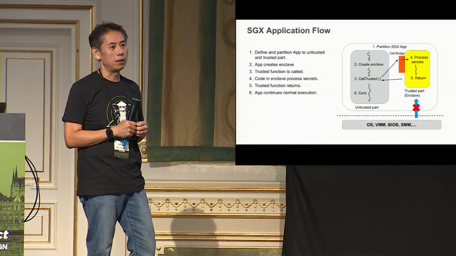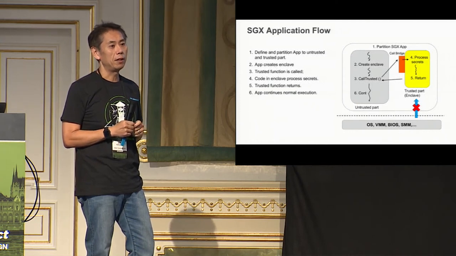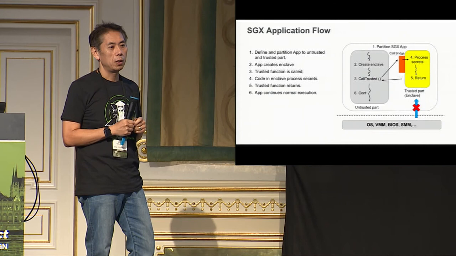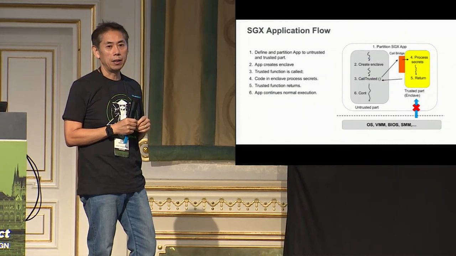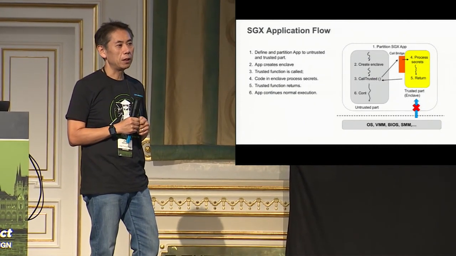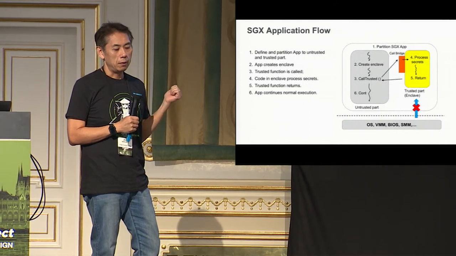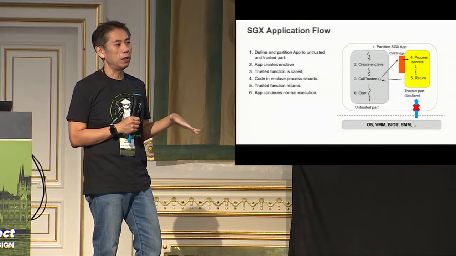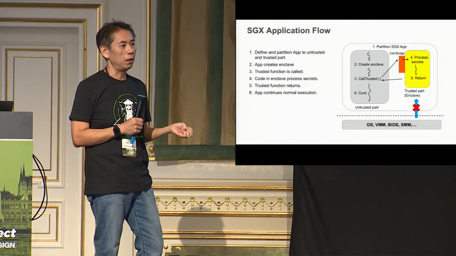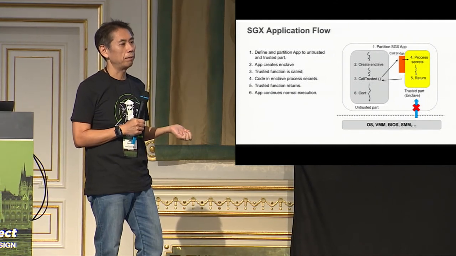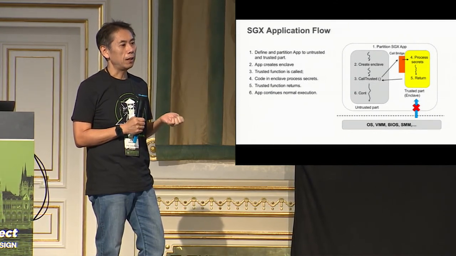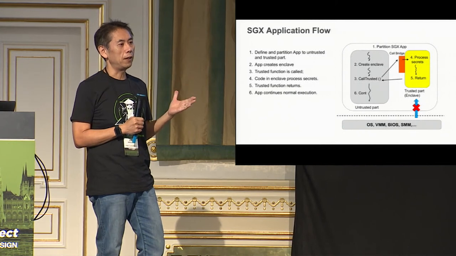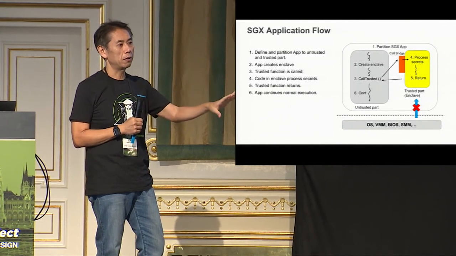That's sometimes not a scalable approach. So there are some research projects where they run, for example, the entire container in an enclave. In that case, you don't need to modify the applications there.